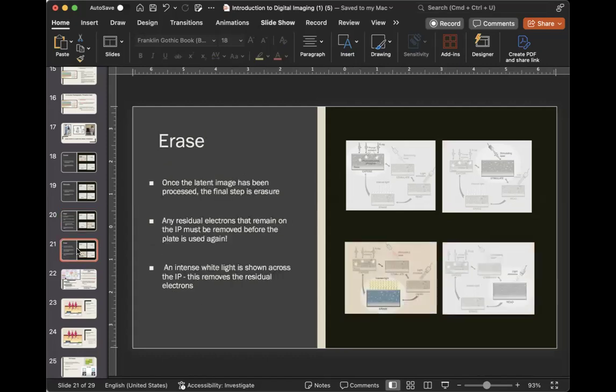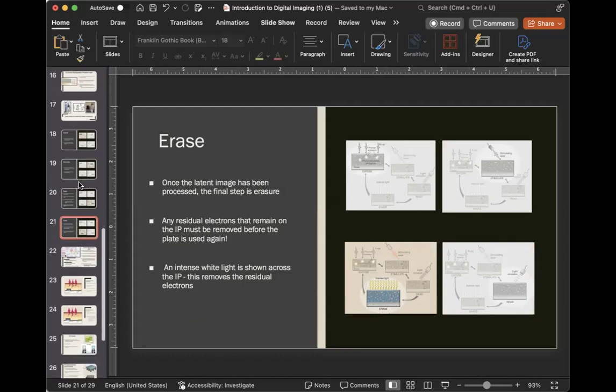And then in the erasure stage, once the latent image has been read, we see an intense white light being shown across. That intense white light will remove any residual photons and electrons, I should say, that will allow us to reuse the plate, okay?